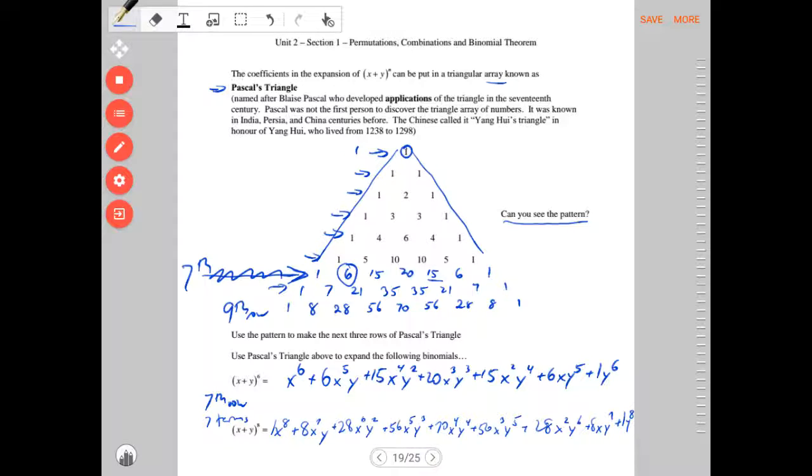Wow, that's just enough room. That's crazy. Anyway, we can use this Pascal's triangle to expand our binomials.